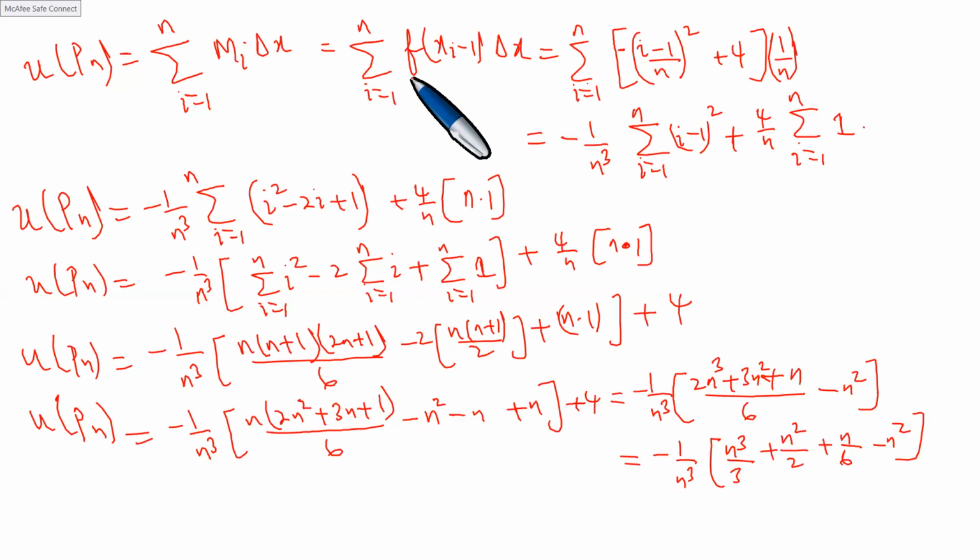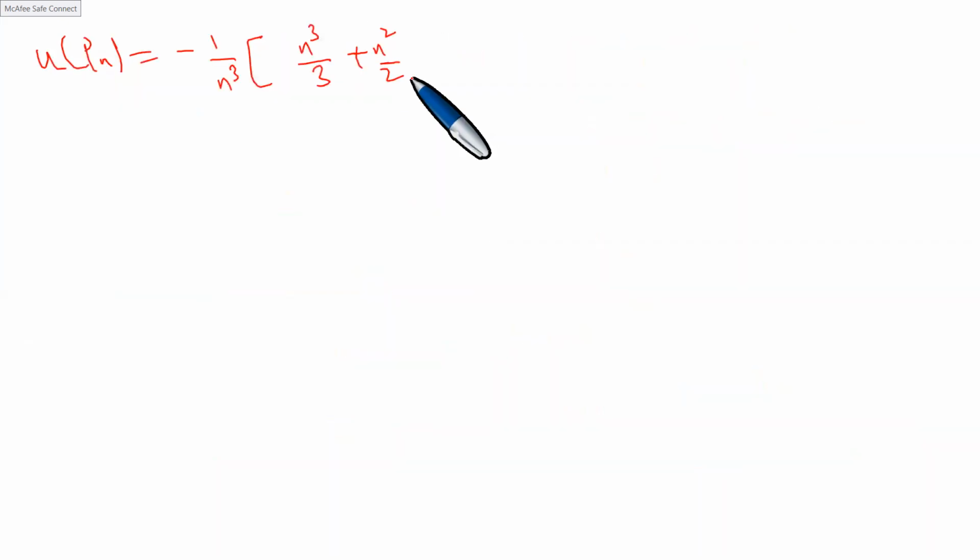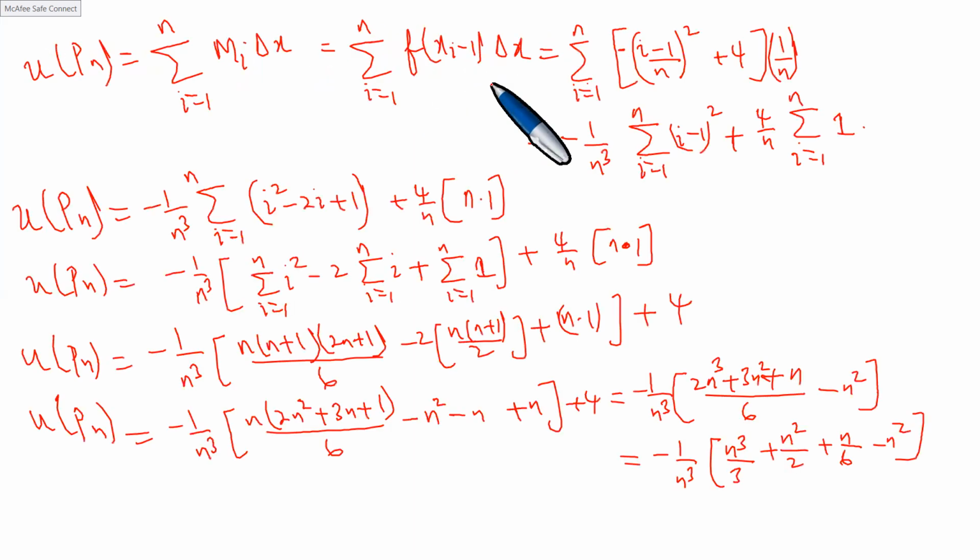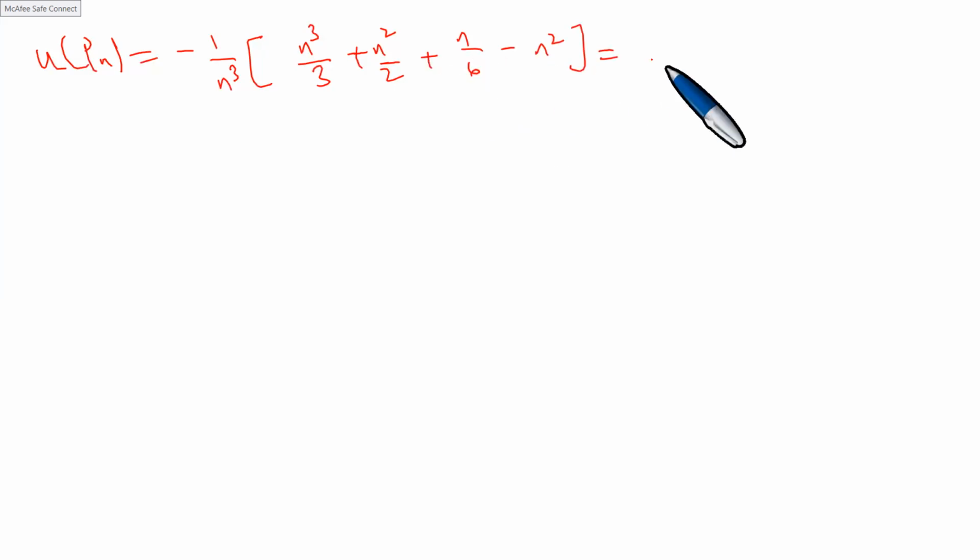Let's see, n over 6, minus n squared. Okay, so we have the n squared. I hope I copied everything correctly here. Okay, minus 1 over n cubed.